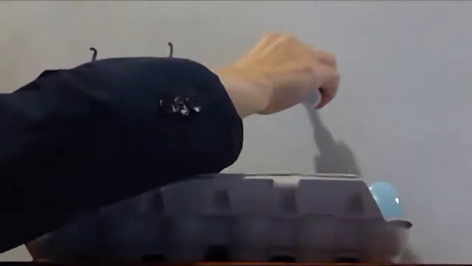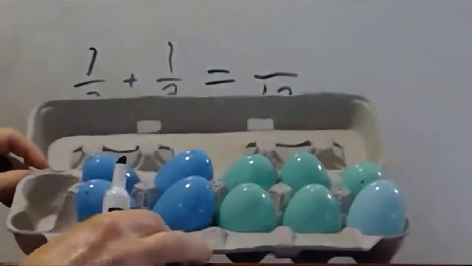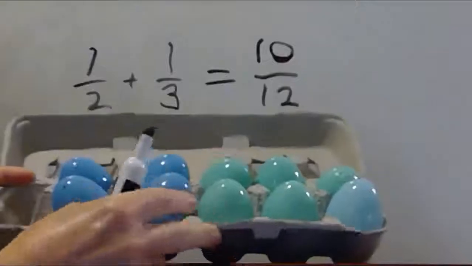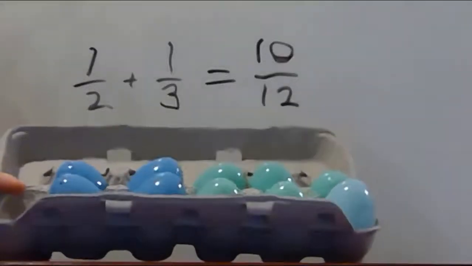So my denominator is 12 for the total number of slots in my egg carton, and then my numerator or top number is 10 for the total number of eggs that it's filling up.